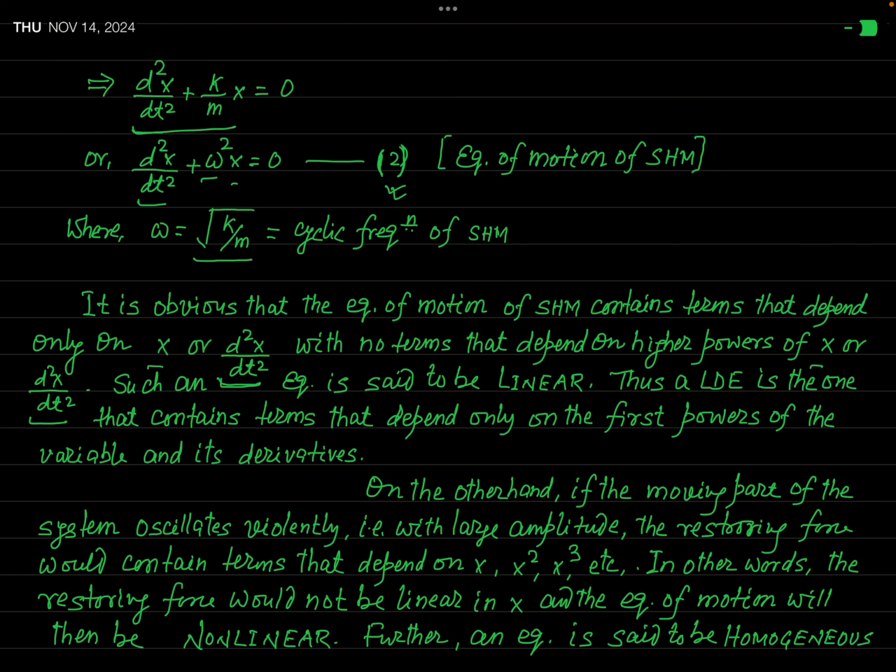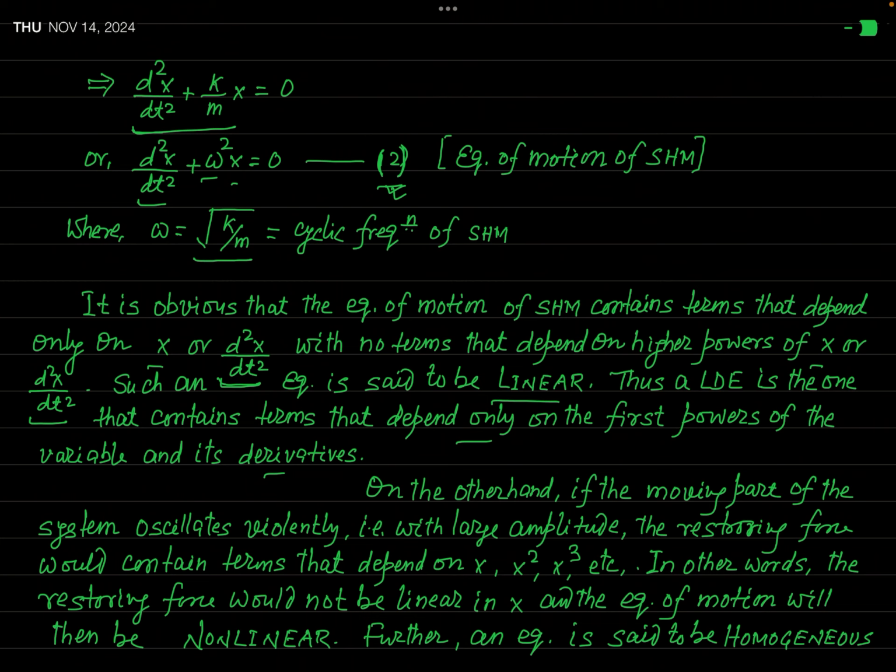So this differential equation 2, which is the equation of motion of simple harmonic motion, is a second order differential equation which is linear. So you can say that a linear differential equation is one that contains terms that depend only on the first powers of the variable and its derivative. Such an equation is called a linear equation.